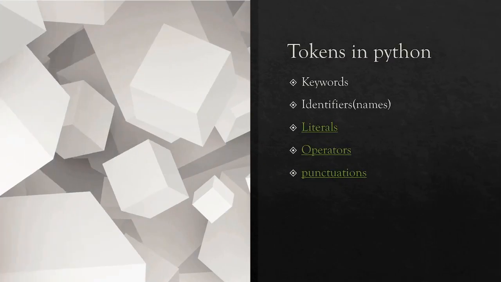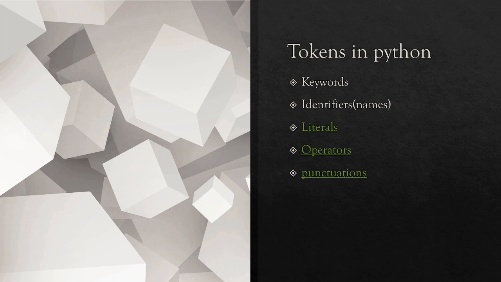A keyword is a term which we define in Python to particularly mention a reserved word. What is a reserved word? Reserved words are those having some particular meaning, and using those we can do some particular task.